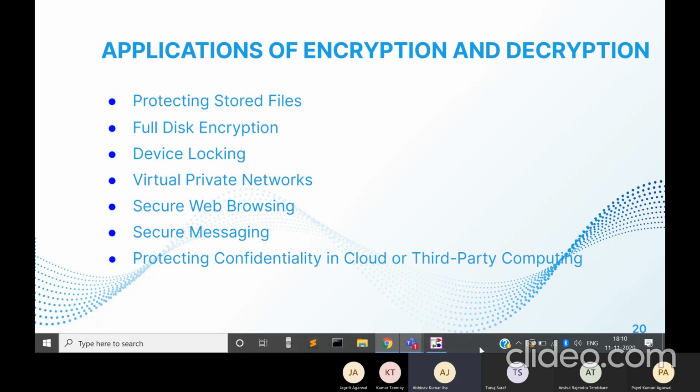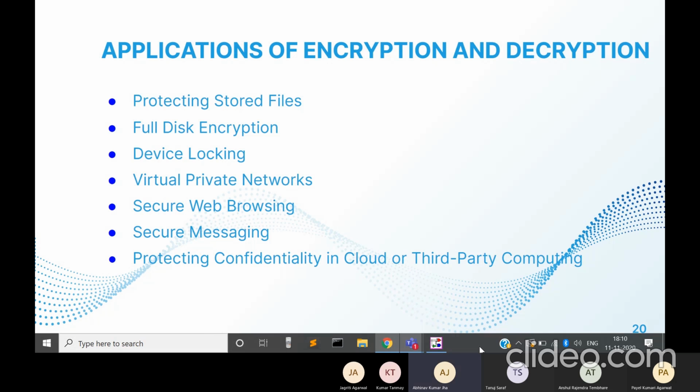Virtual private network: a virtual private network, VPN, is a way of creating an encrypted connection between a remote user and a site. By enabling remote users to seamlessly connect to the organization's network, VPNs provide a convenient way for organizations to operate across multiple locations. Secure web browsing: each time a user visits an e-commerce website or a web-based email server such as Gmail or Hotmail, he or she does so through an encrypted connection.